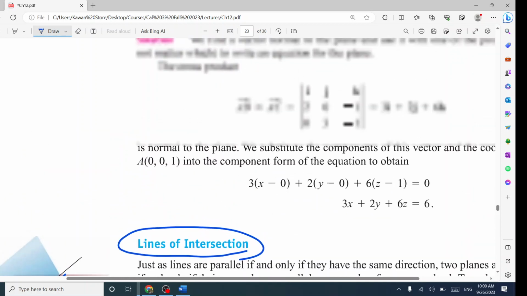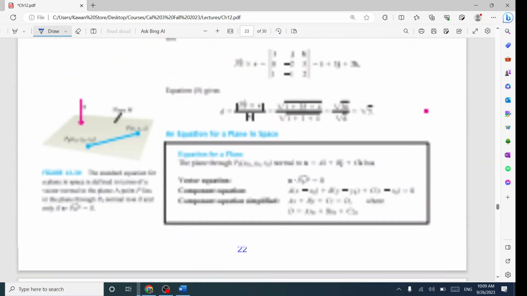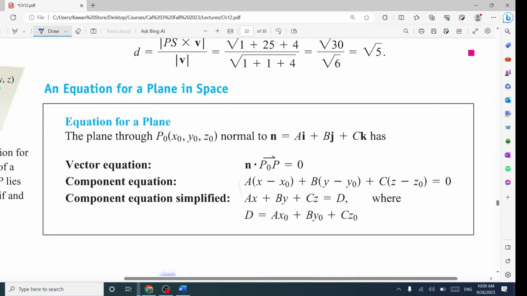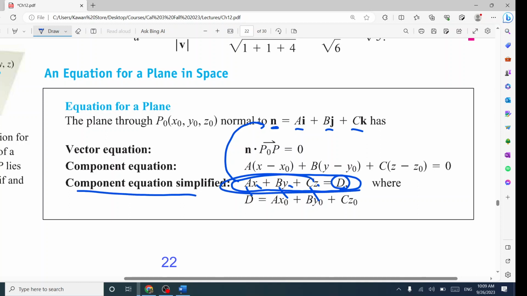Because I told you before we have 3 formulas, if you remember. Look at that one. A, B, C is the normal. D is something else. X, Y, Z together will give me the component equation.